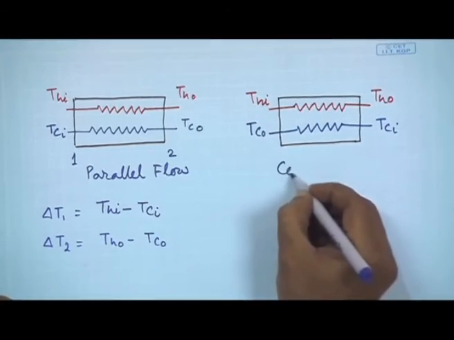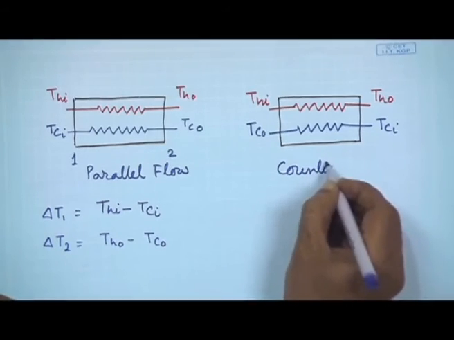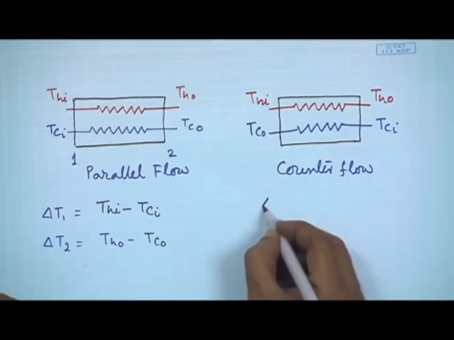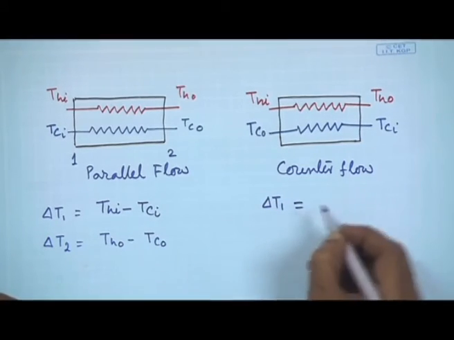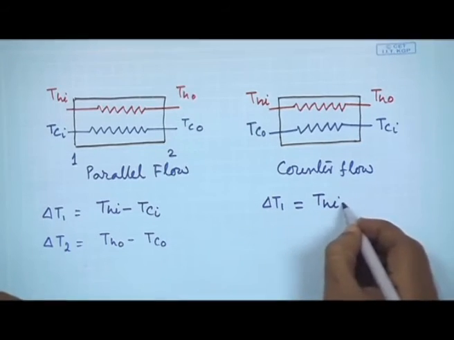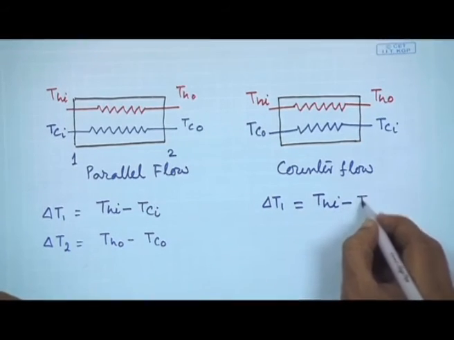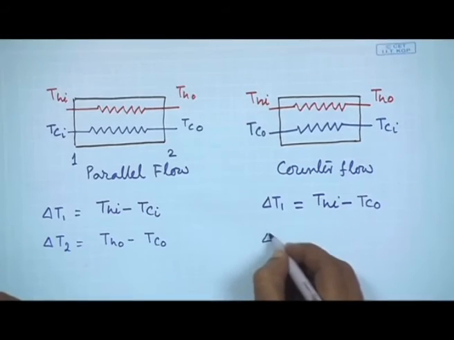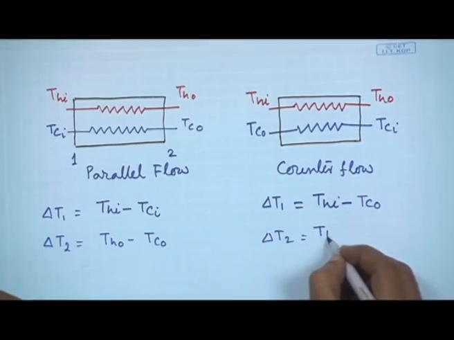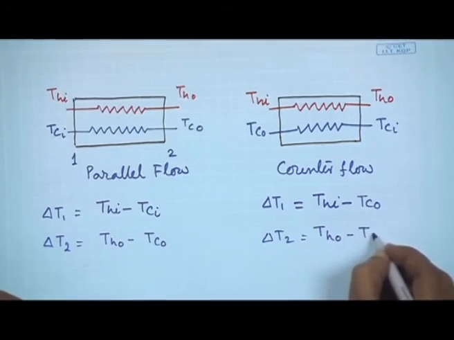So, this is counter flow. Delta T1 is equal to T_HI minus T_CO, delta T2 is equal to T_HO minus T_CI.